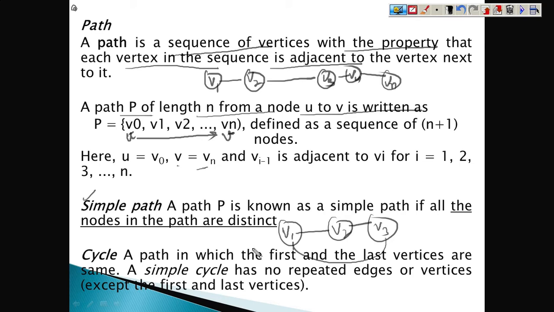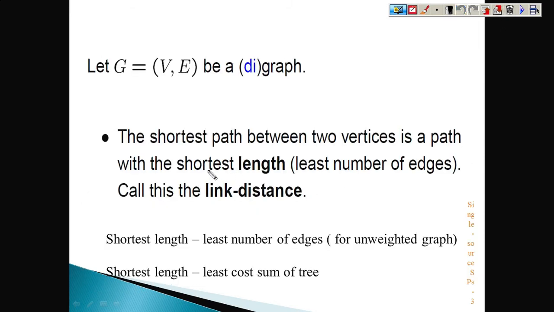Now we will use these terms to understand the shortest path in the graph in a better way. We already discussed in our previous lecture what a graph is. A graph is basically defined as a set of two elements V and E, where V is a set of vertices and E is a set of edges in the graph. And then we have two kinds of graphs.